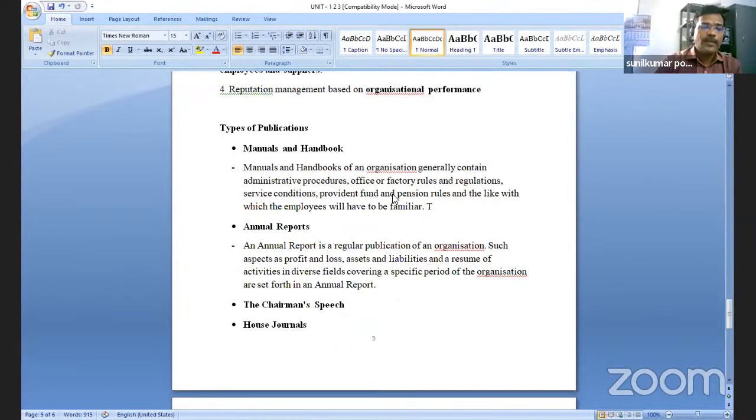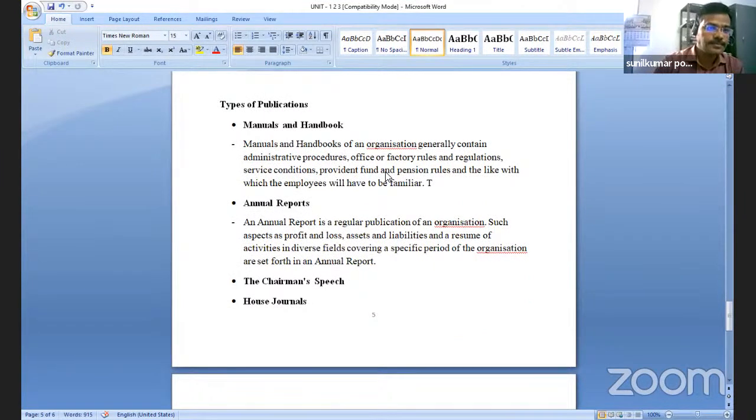Now coming to the types of publications. You may get a question, for example, short answer questions may be asked on a single publication, like manuals and handbooks; you have to write a short answer for that. If only one publication comes in the question, it may be manuals and handbook, annual report, or house journal.